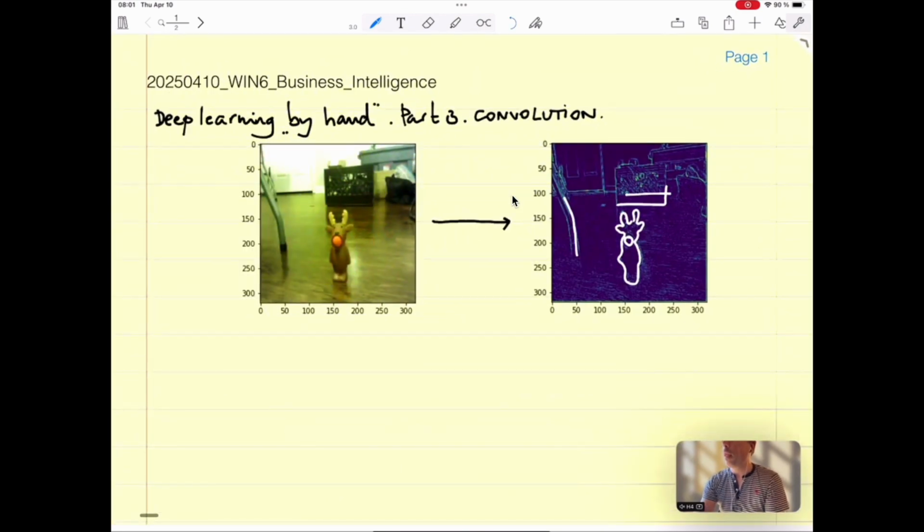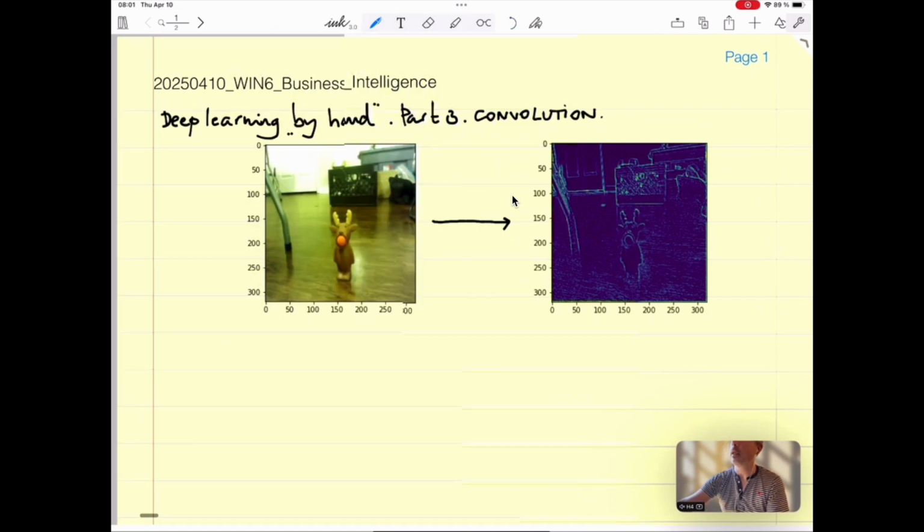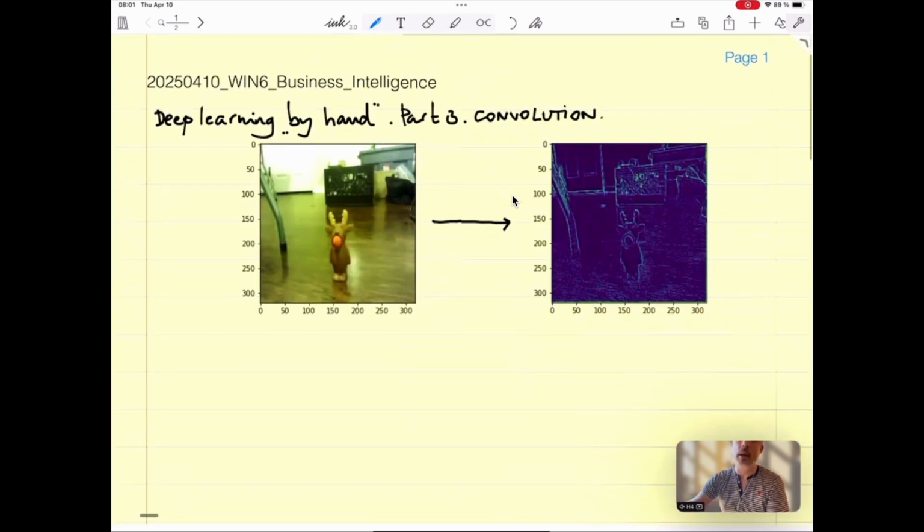So we learned today how to do that with pen and paper, and this is the backbone of convolutional neural networks that are used in deep learning.